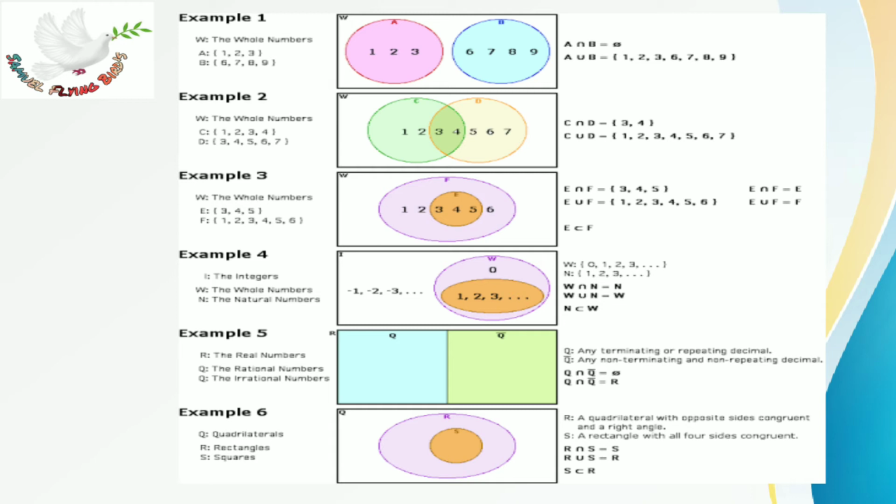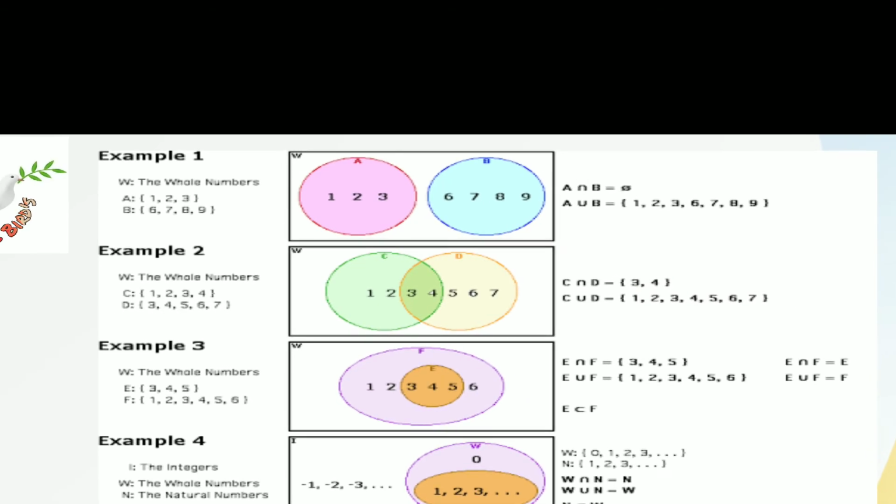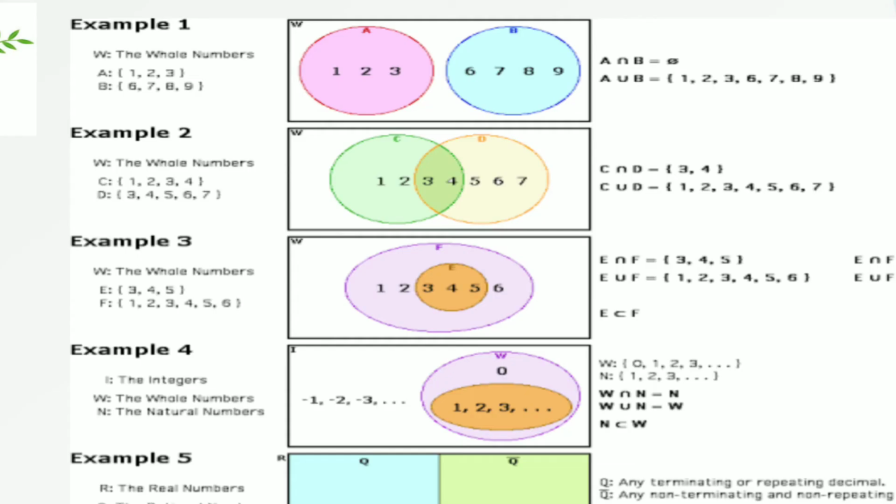Coming to some examples. First example: W is denoted as the whole numbers. A is a set and B is a set given.